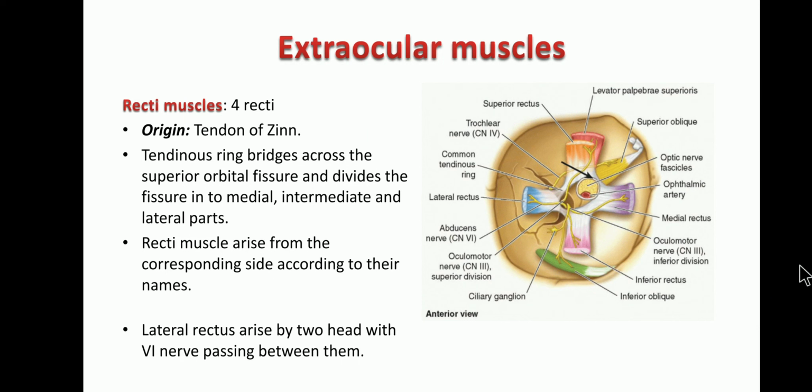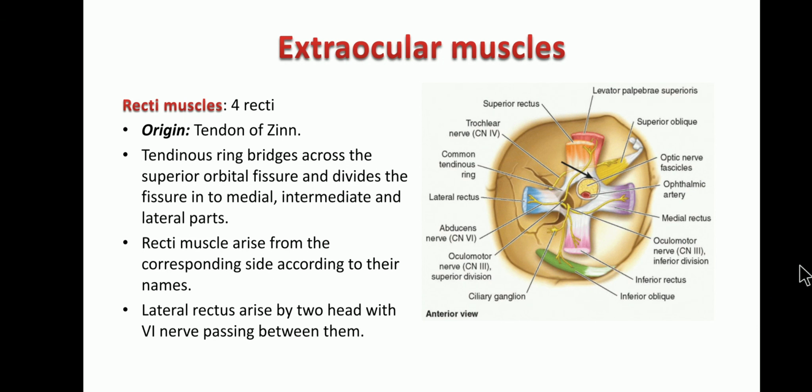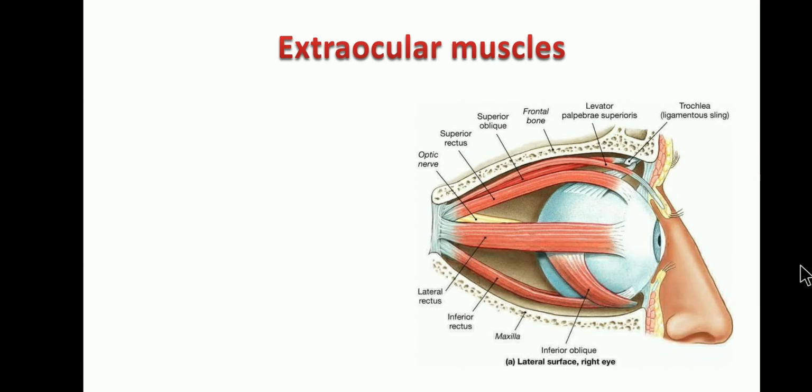Now where do these muscles get inserted? They are inserted into the sclera of the eyeball. The 4 recti muscles are inserted into the sclera in front of the equator. The equator passes exactly at the center, dividing the eyeball into 2 halves.